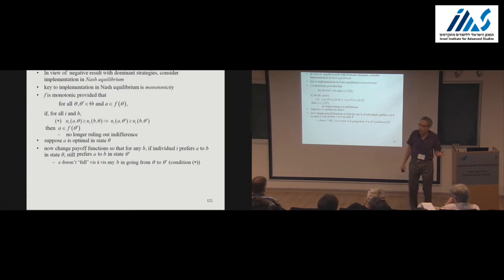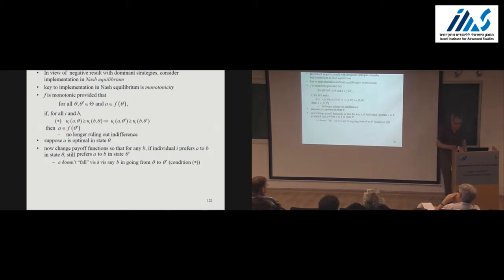It will turn out that monotonicity is a necessary and almost sufficient condition for implementation in Nash equilibrium. Now, the fact that it's necessary means that we have to live with it. Whether you like it or not, if you want to implement F, you have to satisfy it.